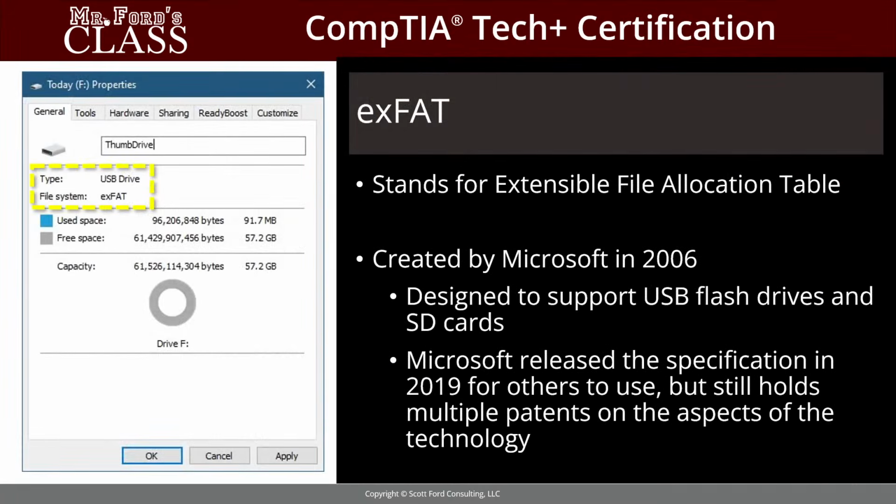Then we have exFAT. exFAT stands for Extensible File Allocation Table. Not important, but what is important is that it was designed specifically to deal with USB flash drives and SD cards. As these became more prevalent as well as bigger, they needed a special file system for them, and that is where we find exFAT.